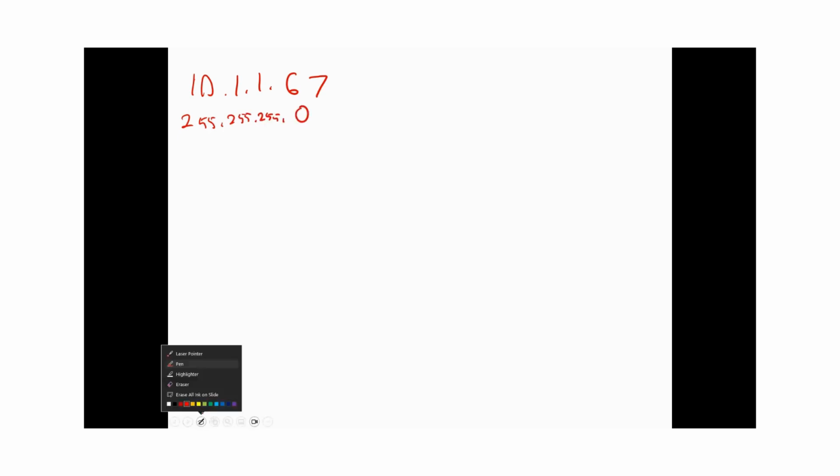So if I put focus on this whiteboard, we have our 10.1.1.67 example over 255.255.255.0. Again, I can draw that imaginary line right there, say everything on the left is the network, everything on the right is the host, as we just did.